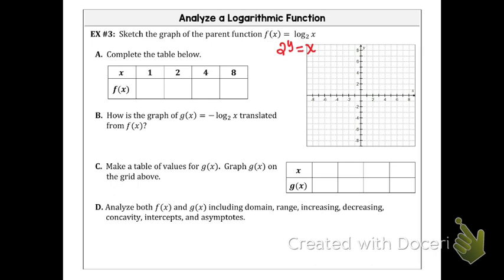And so we need to complete the table below, and they gave us the x values. So when I go through here, I'm thinking 2 to what gives me 1? Then 2 to what gives me 2? 2 to what would give me 4? And 2 to what number would give me 8? Remember, this is a log function that has no transformation. So we know there's that vertical asymptote at x equals 0.